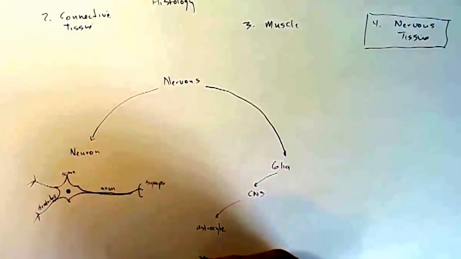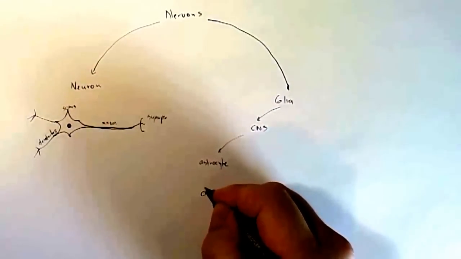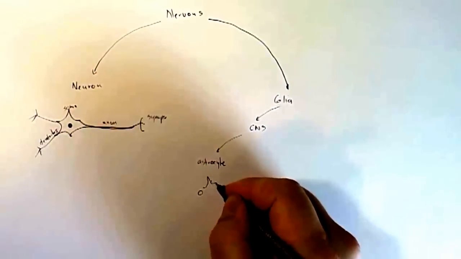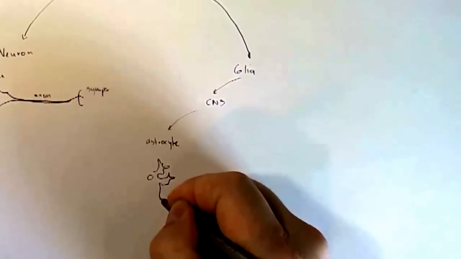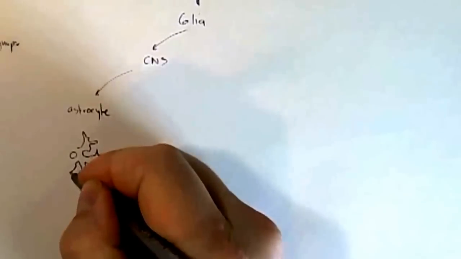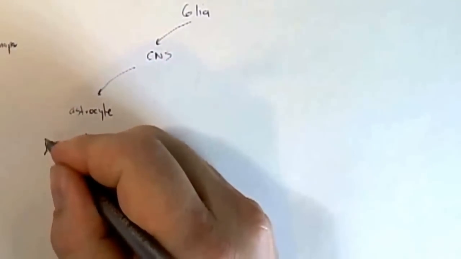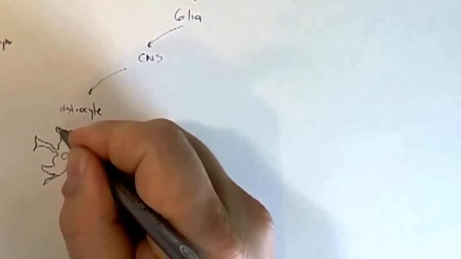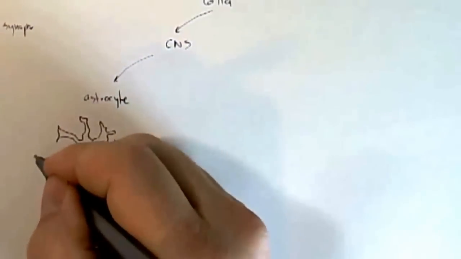What it does is it kind of looks like a huge star-like cell. That's what astrocyte means.